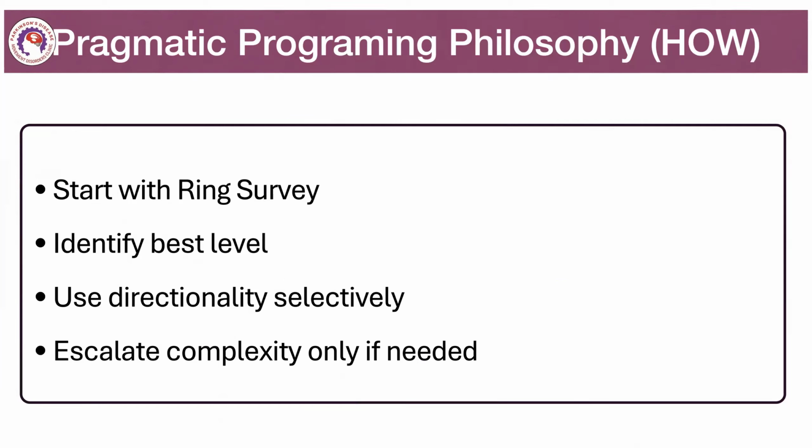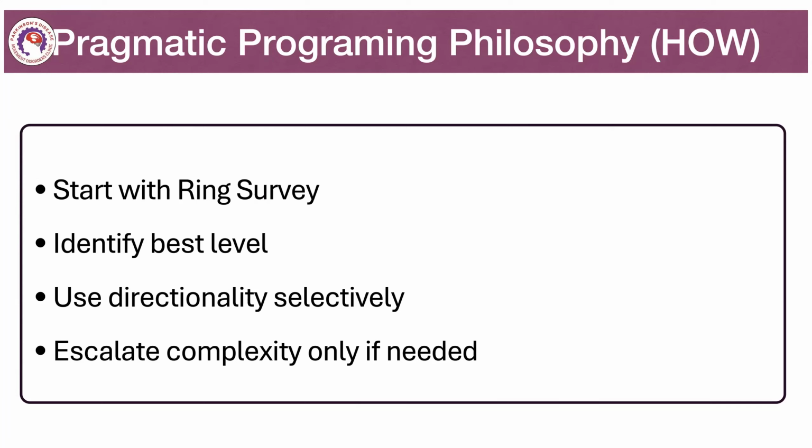Finally, how to do it, or what is the pragmatic programming philosophy here? Just because you have put in a directional lead does not mean that you need to jump to that. It's your backup. Your first important thing is your surgeon. If your surgeon has good skill, and you have made the right choice of patients, that sorts away all the problems. After that, you always start with a ring survey.